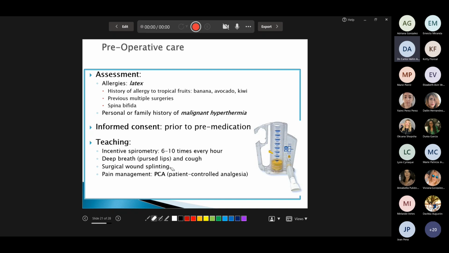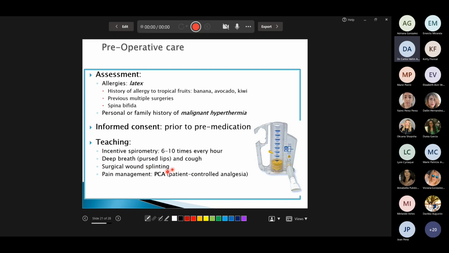And you know that this is going to prevent atelectasis and complications of the hypoventilation that patients who have surgery have. It should be done 6 to 10 times per hour, and could be combined with cough.